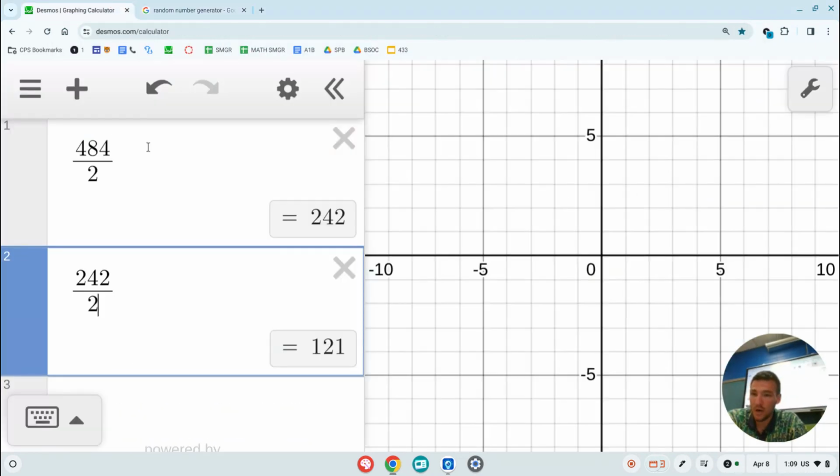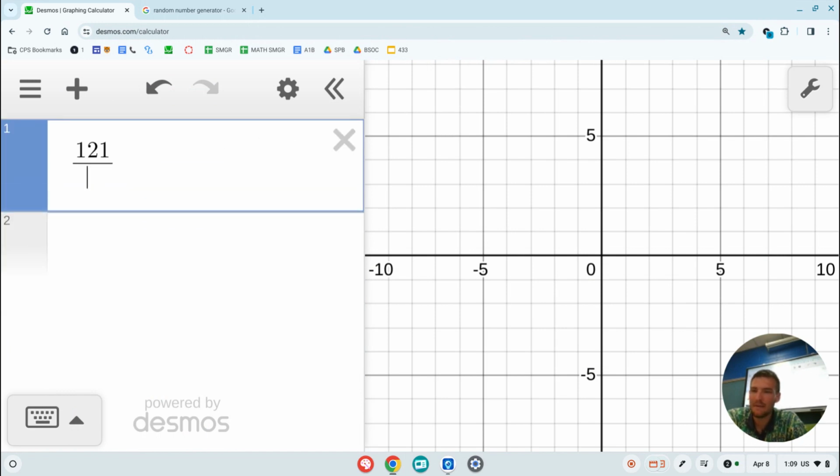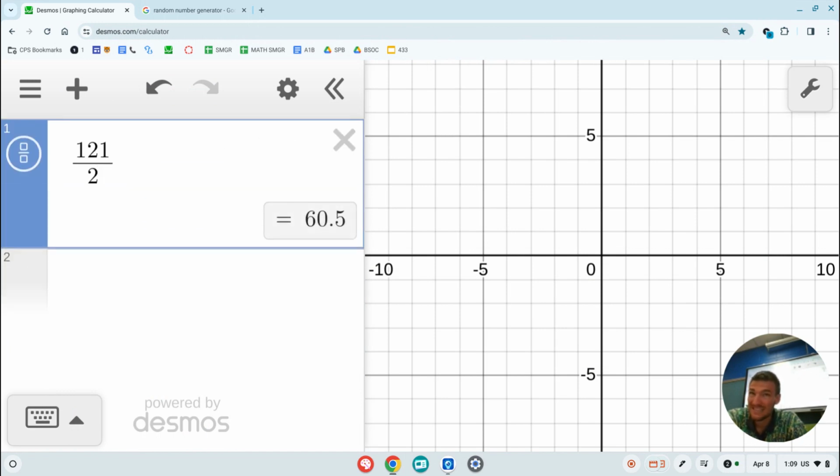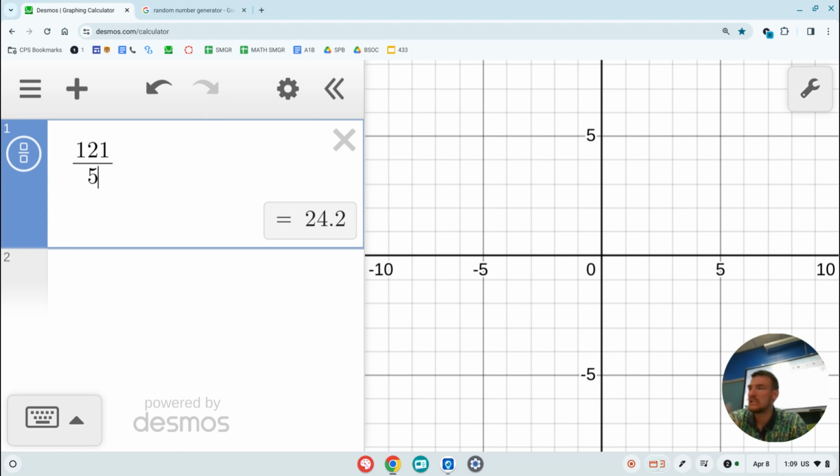Then 121. Now what is 121 divided by 2? Doesn't really work. What about 3? Doesn't really work. Remember, the numbers are 2, 3, 5. 5 doesn't work either.